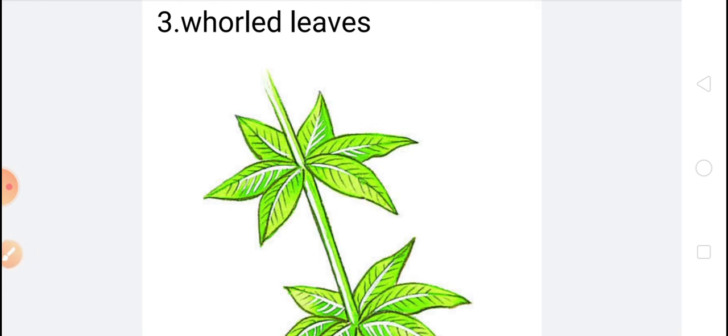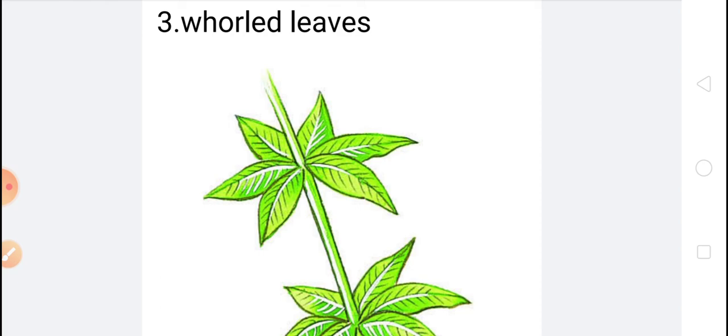Okay, so that's all about leaves. We have studied the structure of leaf, the venation of leaves, reticulate venation and parallel venation, and transpiration, which means loss of water from the stomata of leaves.